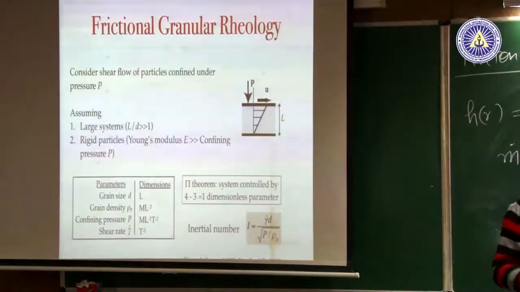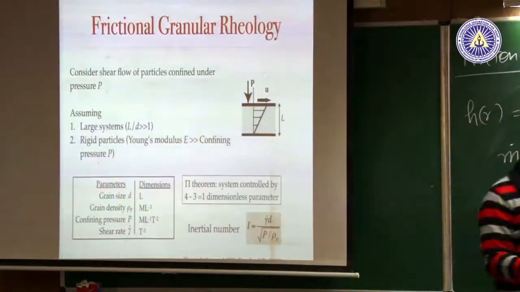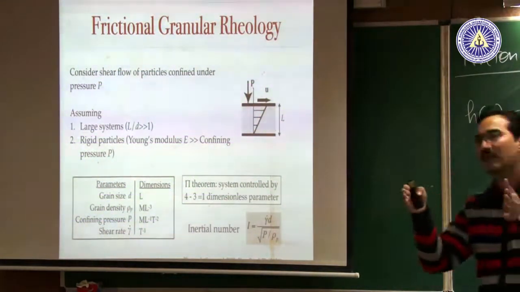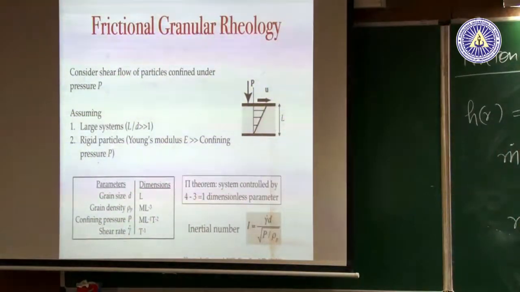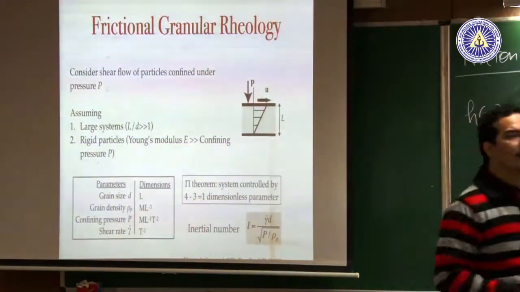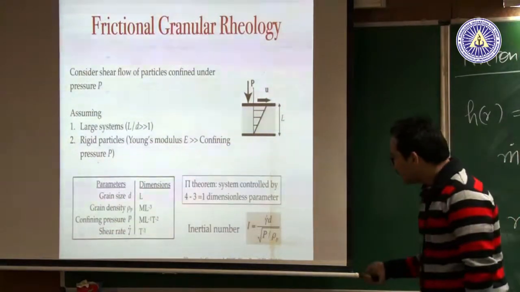For example, gamma dot d over the square root of pressure divided by the density of the particle is what people call the inertial number, the key non-dimensional number which determines rheology in that dense regime, the slow flow regime, where Coulomb theory, plasticity theory and soil mechanics are not very helpful, and kinetic theory may or may not be helpful. So there are efforts to push it all the way here.